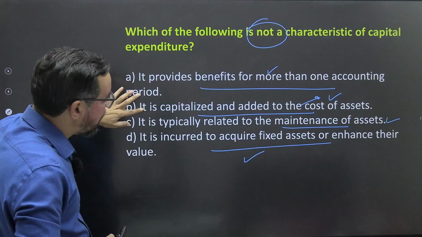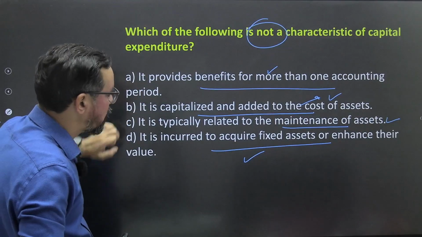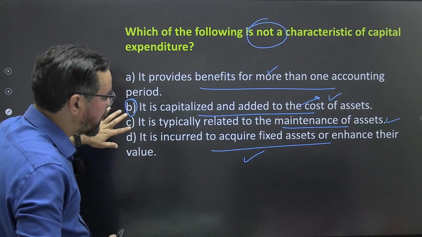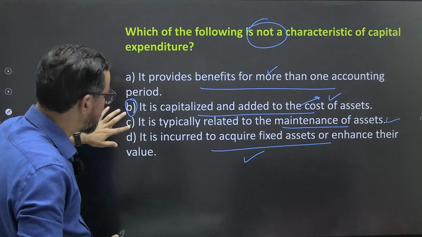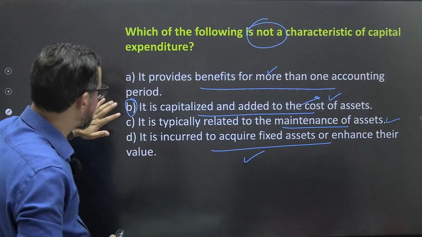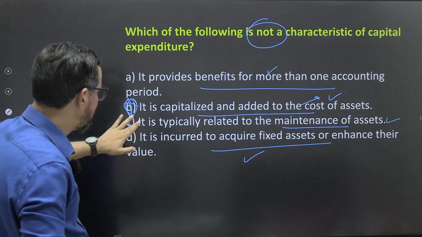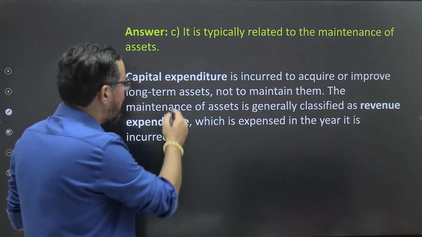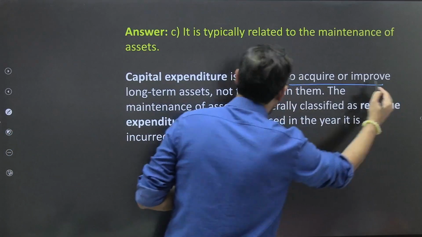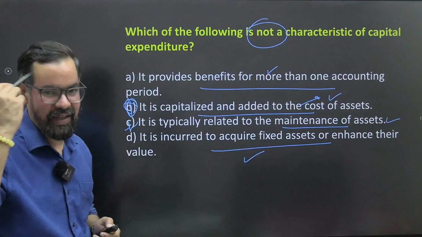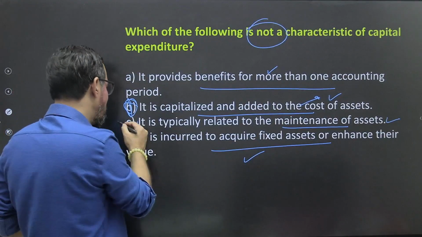Option B, it is capitalized and added to the cost. Option C, it is typically related to the maintenance of the asset, so C should be right. We have to check the explanation part. Capital expenditure is incurred to acquire and improve a long-term asset, not maintenance. Sorry, how did we miss this particular one, this was so simple.